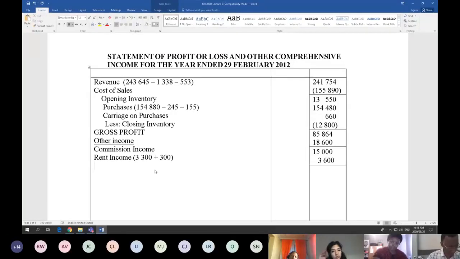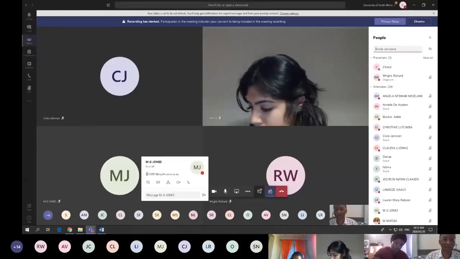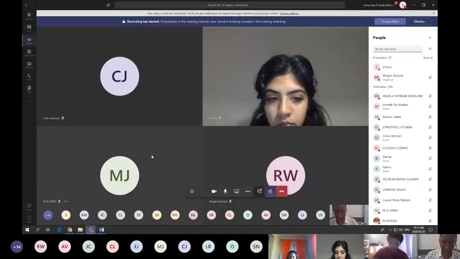Our next heading is called Distribution, Administrative, and Other Expenses. Distribution, Administrative, and Other Expenses. Remember, when we talk about our expenses now, guys, we've got two categories of expenses.